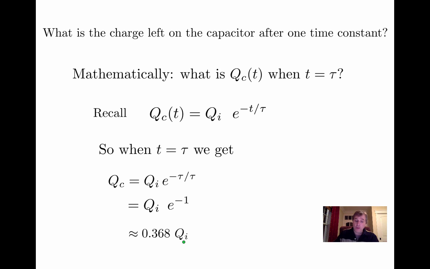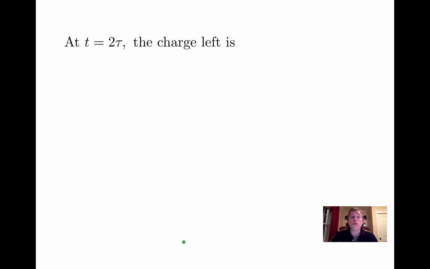So after one time constant, you have about 37% of the initial charge left, and then you can calculate at any other time. For example, if you wait twice the time constant. After one time constant, you're down to 36.8%. You wait an additional time constant. How much charge would be left then?